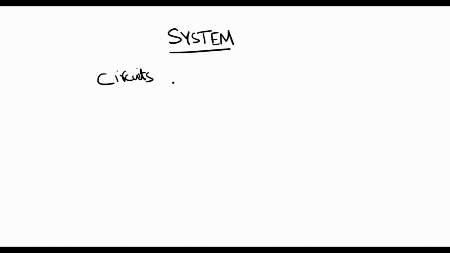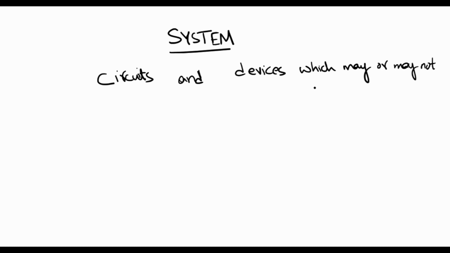Circuits themselves are meaningful interconnection of devices, but a system comprises of circuits and devices which may or may not be electrical.